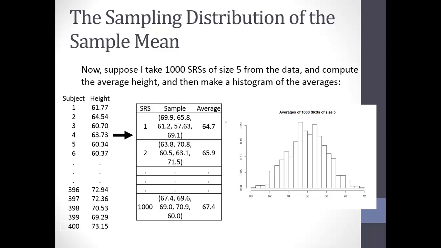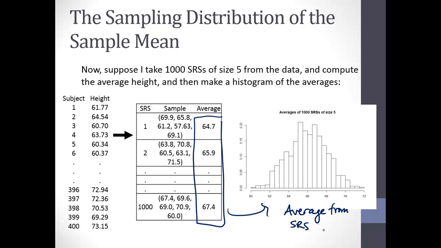And then I can take these numbers and make a histogram of them over here. So now what's down here is the average from a simple random sample of 5. This now is a sampling distribution, because this is the distribution of that sample average.